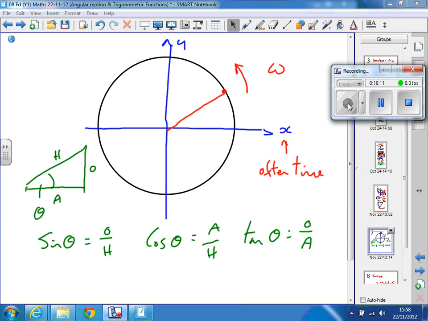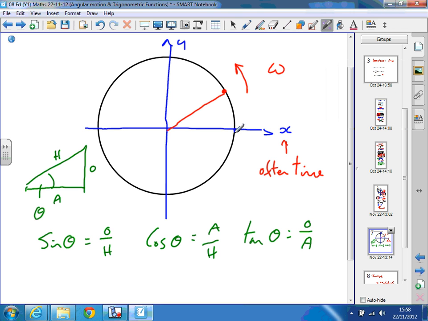Find the sine of 0. Answer 0. Does that fit with our picture? Yes, because at time 0 we're saying it starts at 0 here. Cosine of 0. 1. In other words, it's got its maximum distance along the x-axis when the angle is 0. What would you predict the cosine of pi over 2 to be?